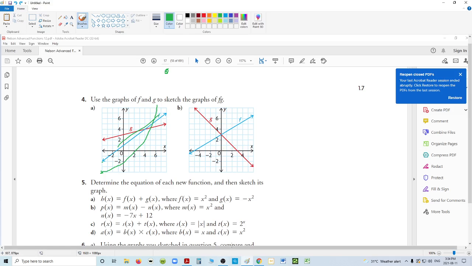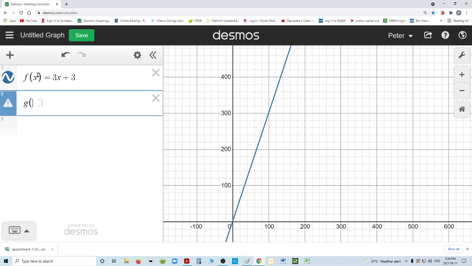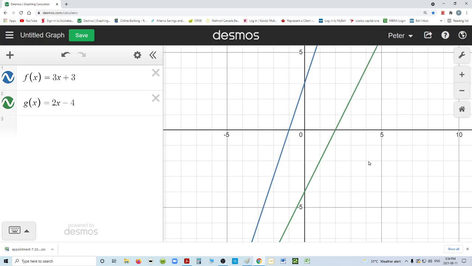So to test this theory, let's just put out any positive line we want, 3x plus 3. And then we're going to put in another positive line, and we're going to make it slightly less sloped and a bit lower so that we get some minuses in it. And we're going to zoom in so that we can see it a bit more clearly.